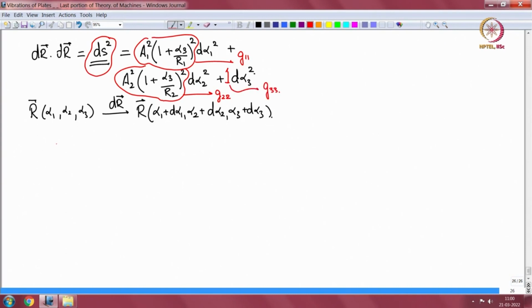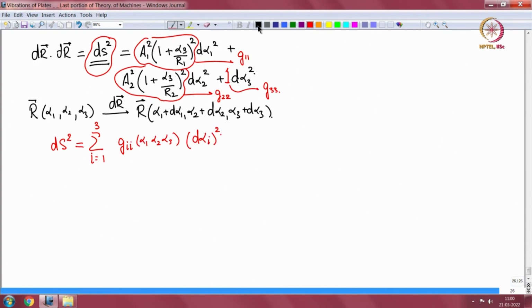Okay. So, what is it? I have ds square given as a summation from i equal to 1 to 3 of Gii of alpha 1, alpha 2, alpha 3, d alpha i whole squared.